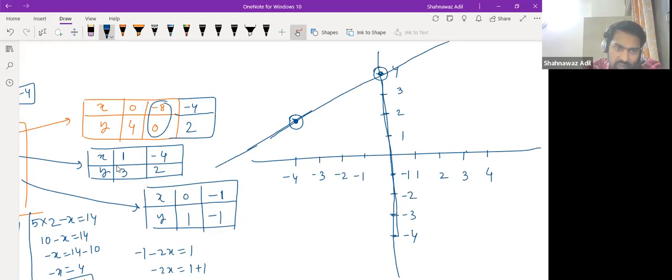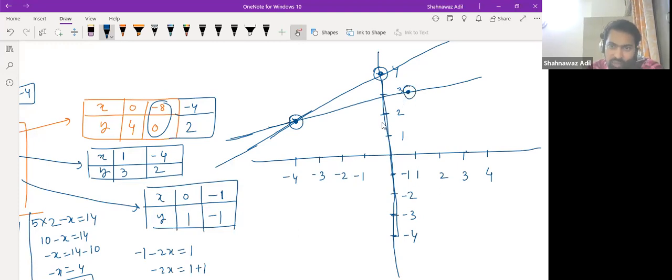And then we have this one. So x 1, y 3, this one. And then we have x minus 4 and y 2. So this is again this point. So this is the graph, right?